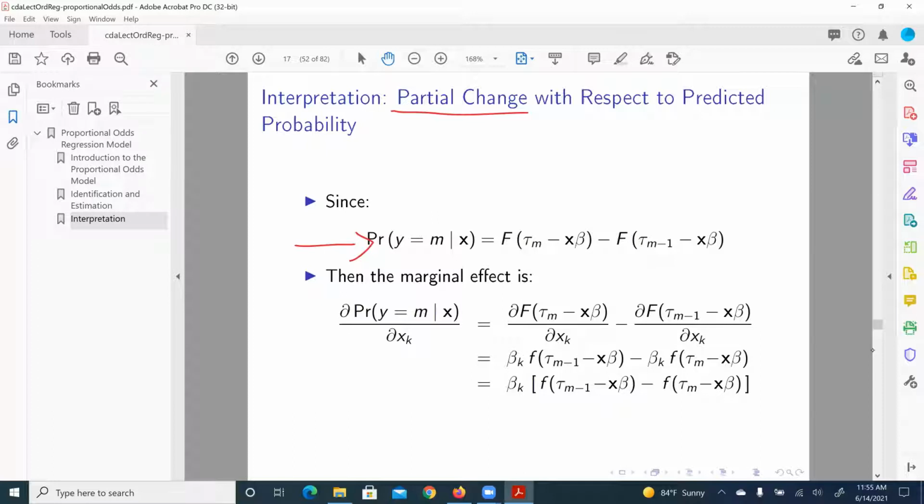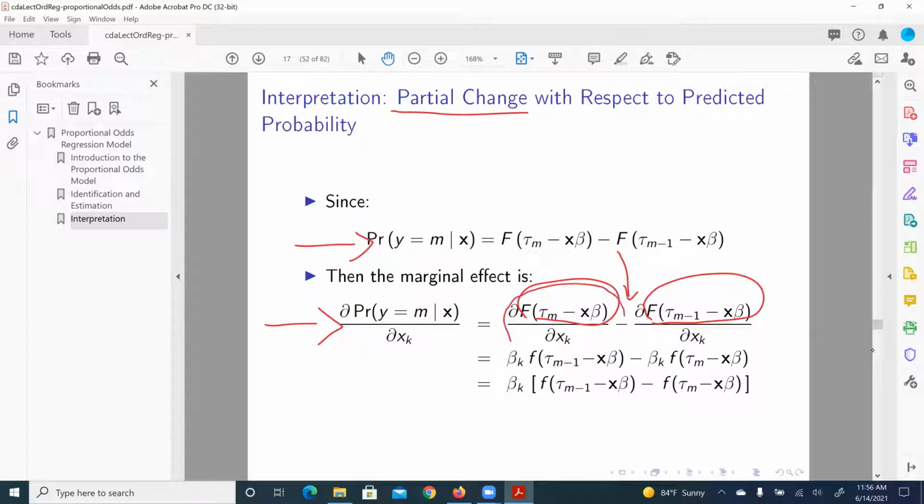So the marginal effect of predicted probability with respect to a covariate is calculated in this fashion, right? Because there is a difference in cumulative density, we can simply use the addition and subtraction law in calculus. So these two terms in the numerator can be separated to take the derivative.